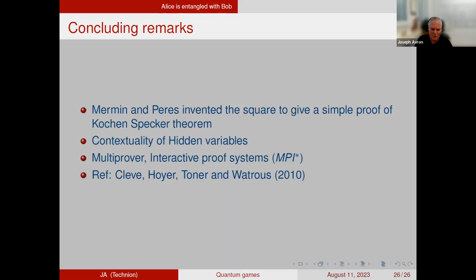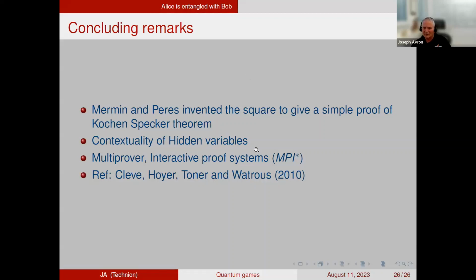Now, this issue of quantum games, and in particular this Mermin-Peres magic square, is now used in computer science as the simplest and perhaps a paradigm for what they call a multi-prover interactive proof system with entanglement.